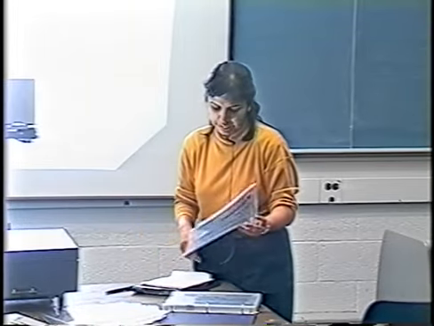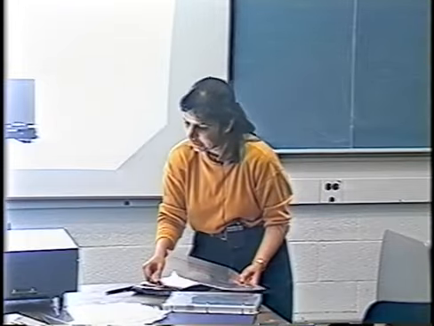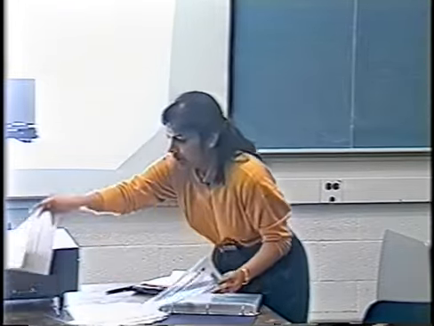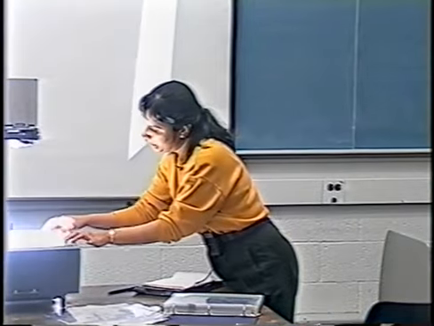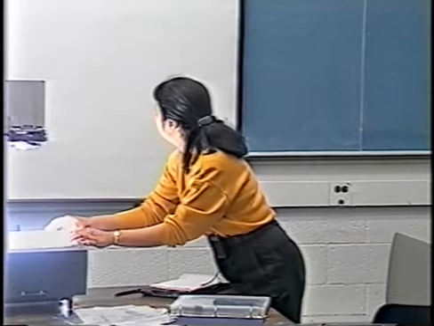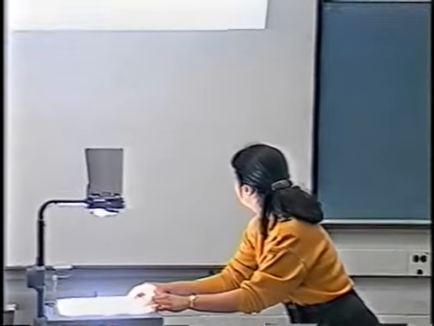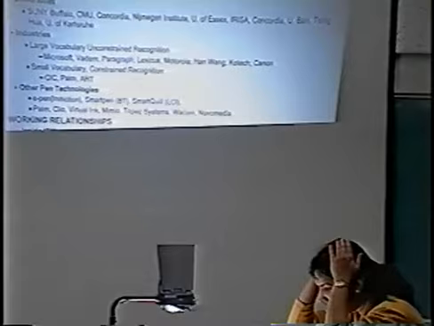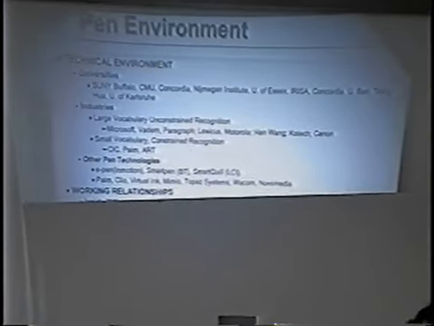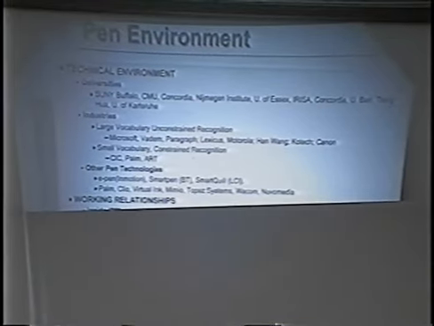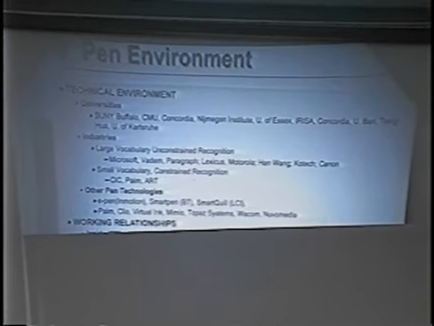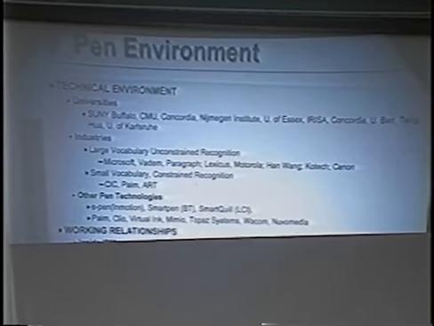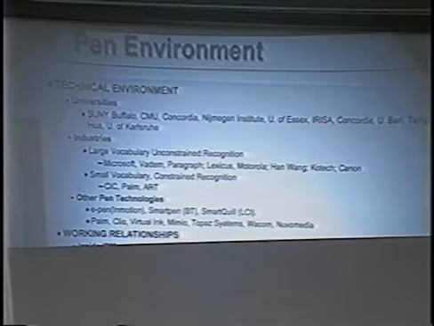The area of handwriting is one where you are probably very familiar with the big players in speech, so I thought I'd point you to some of the big players in the pen arena. There's a lot of work that goes on in OCR, offline character recognition, and what we do is online systems. Typically in the online area, there has not been as much work because of the lack of a good platform to get this kind of data in.